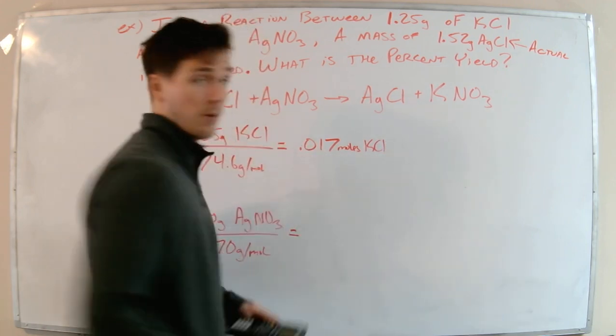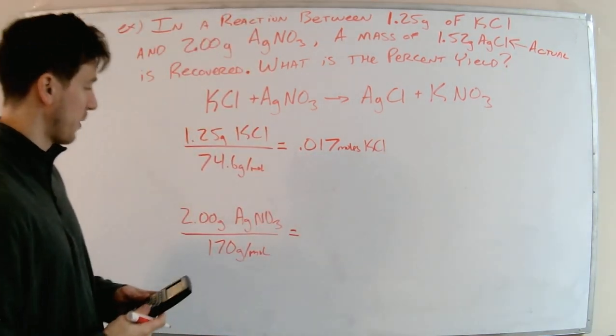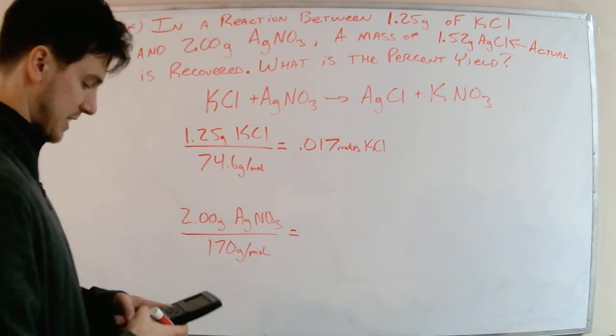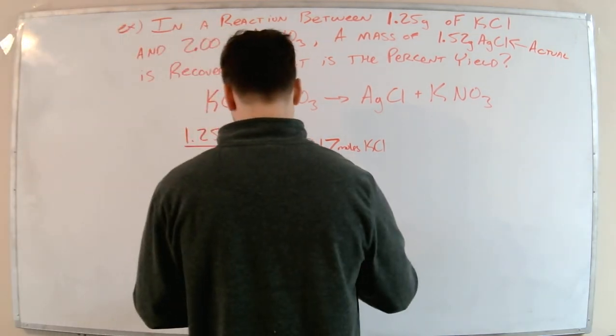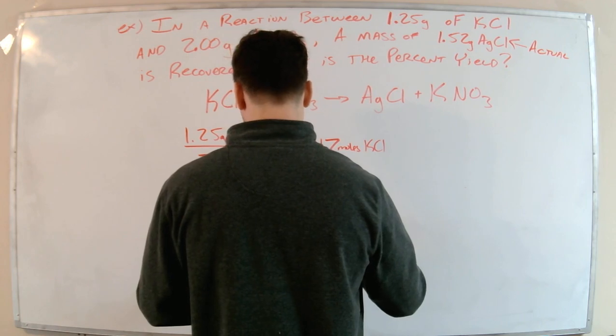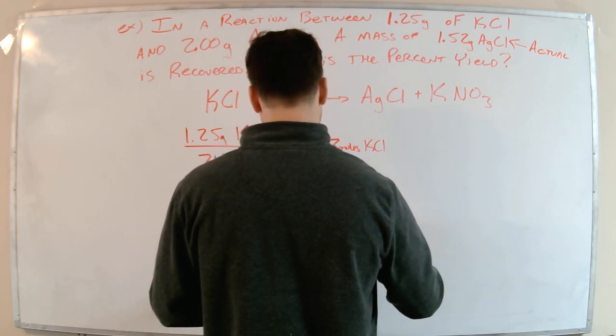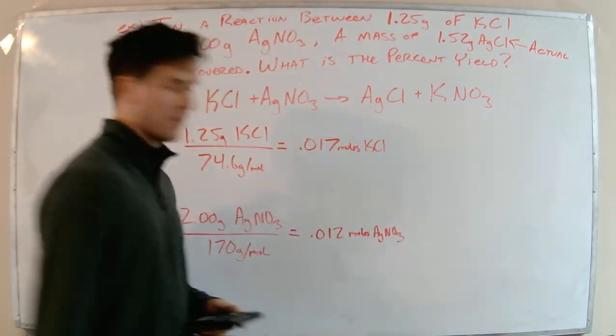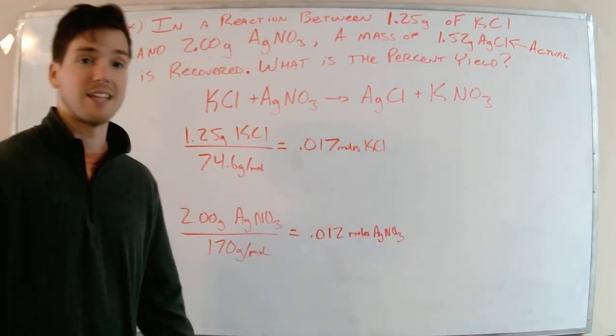I like to write out what product I'm dealing with just to help me in the mole ratio step. And 2.00 divided by 170, that's going to give me 0.012 moles of AgNO3. So step 2 is now done.